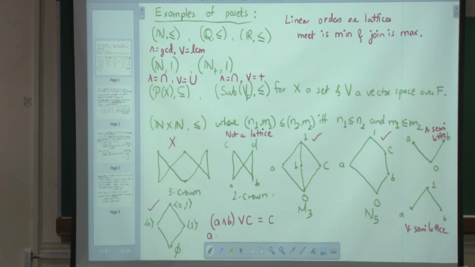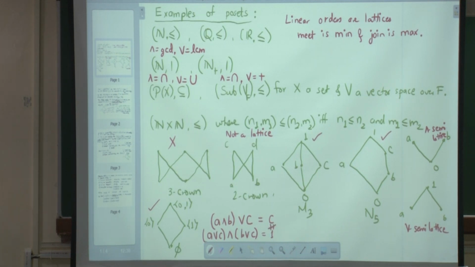Now tell me what happens when you take A join C. Now take its meet with B join C. So therefore these are not equal.